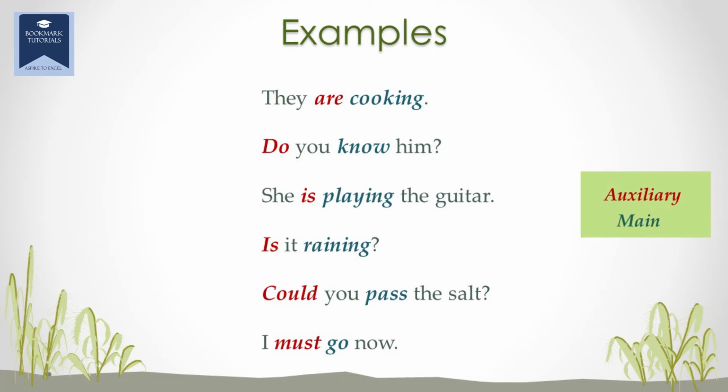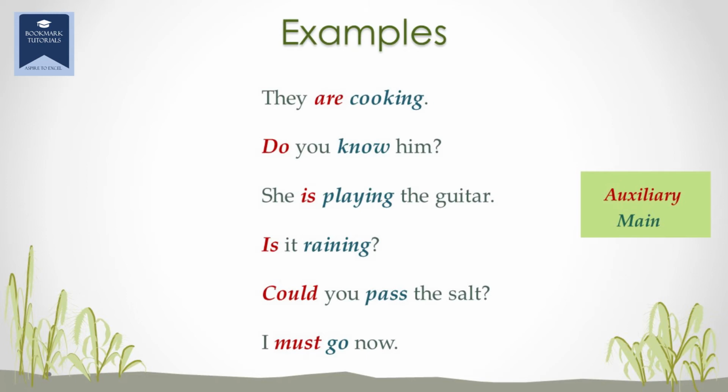We need to remember that main verbs can appear in a sentence with or without auxiliary verbs, while auxiliary verbs never appear in a sentence without main verbs, because their purpose is to help the main verb.